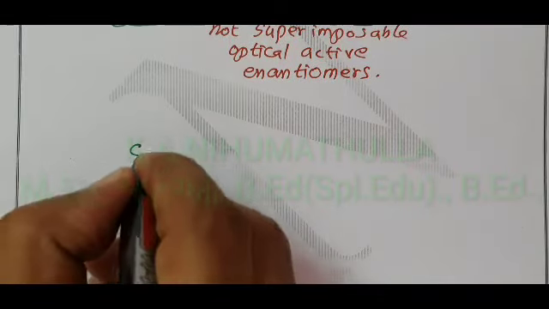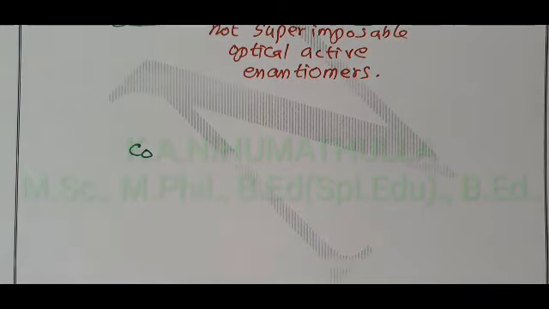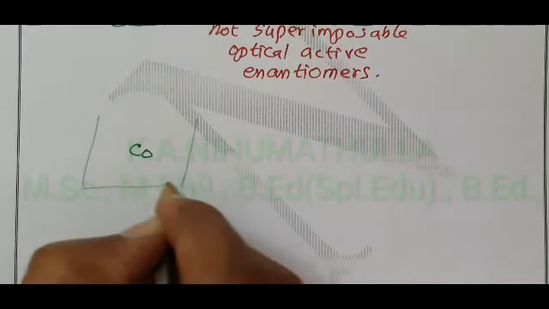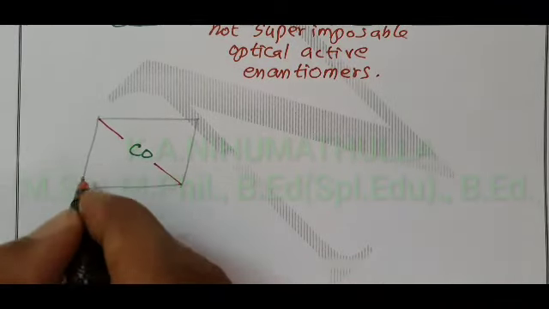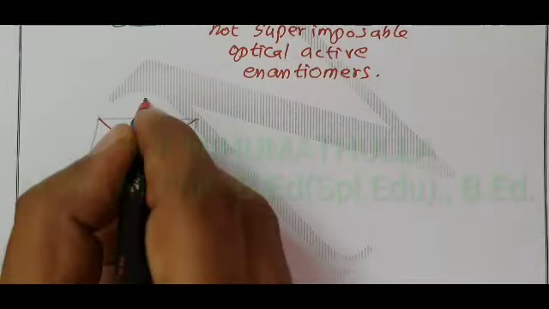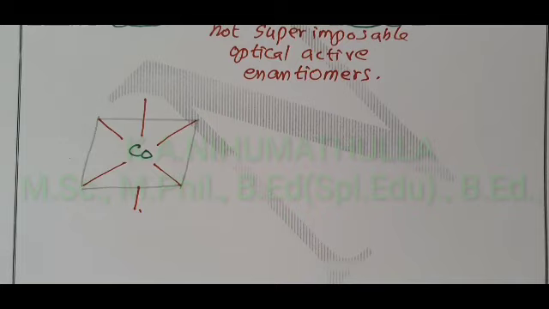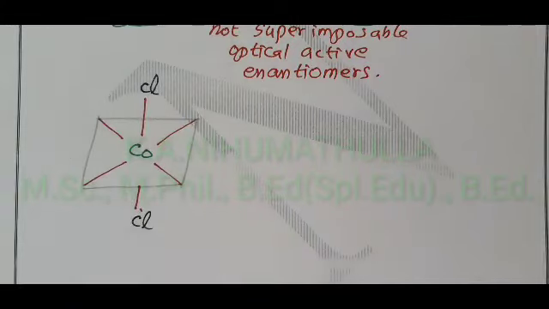Cobalt at the center, Co. Square planar first. So here the ethane-1,2-diamine ligands are present. These are 4 bonds, 5th bond, 6th bond. In the trans form, the two chlorine atoms are in 1,6 position, octahedral position.